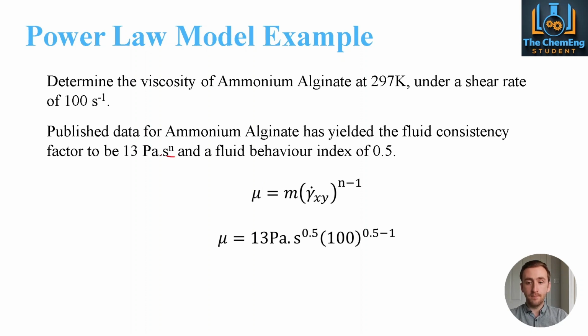This is our m, our fluid consistency factor. It's a model fitting parameter specific to this particular fluid, and the corresponding fluid behaviour index of 0.5. So we simply substitute in all the values, and we get an apparent viscosity of 1300 Pascal seconds. And that's as simple as it gets for using the power law model.